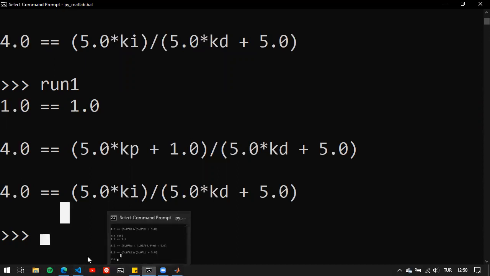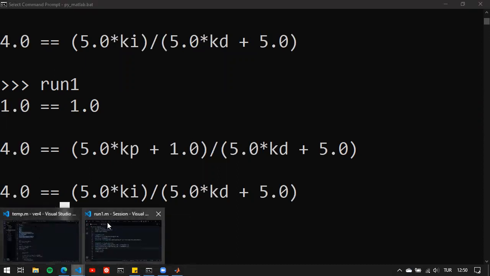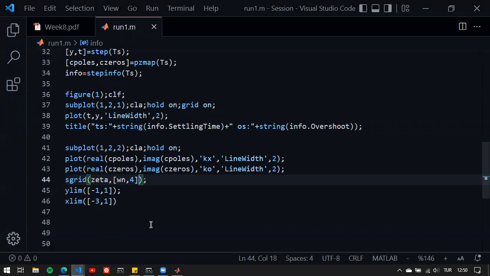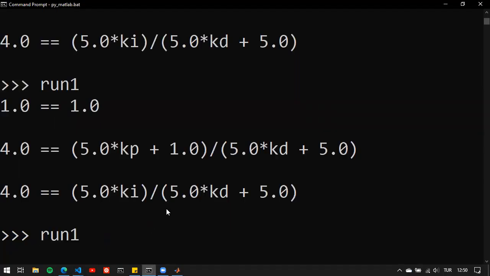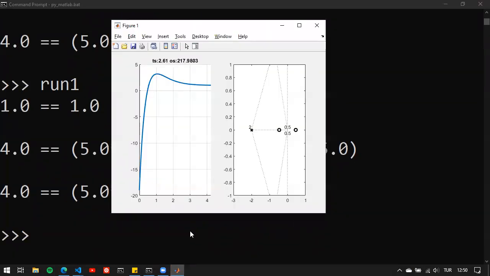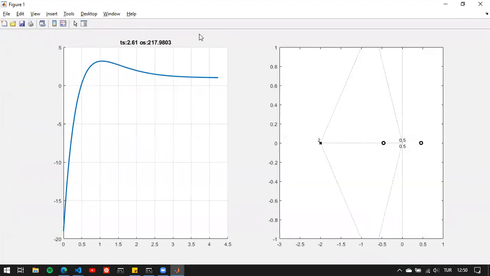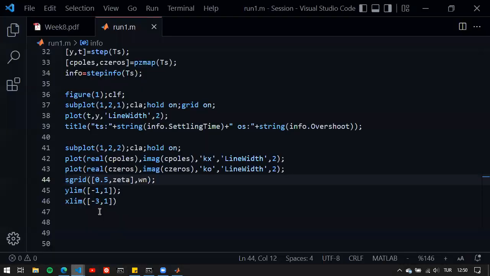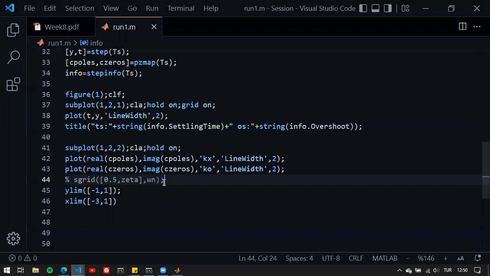Interesting. Maybe the zeta value is a problem. So let's try that. Maybe if we add something else like 0.5, 1, maybe that's going to help out. Let's see. Yes, for some reason, sgrid is not really working here. Interesting. Well, let me just leave it out because it's not really helping us.